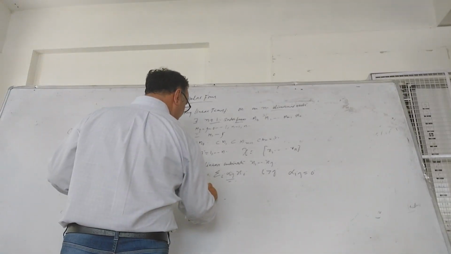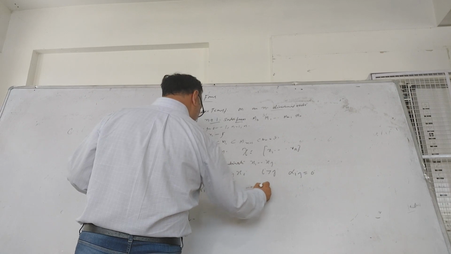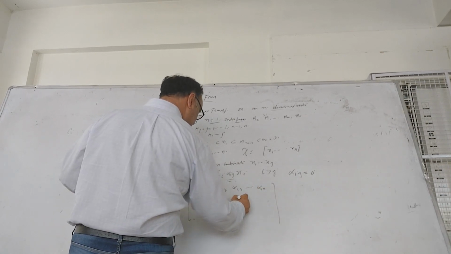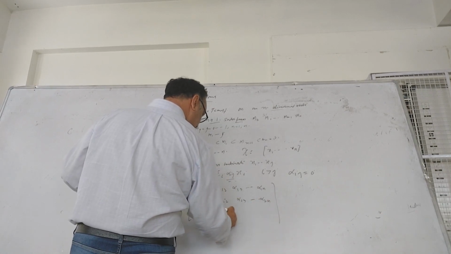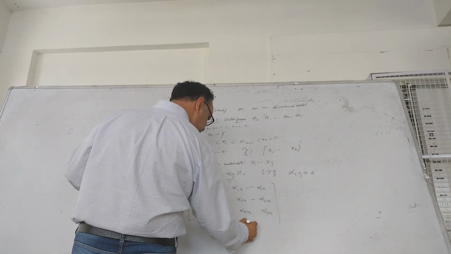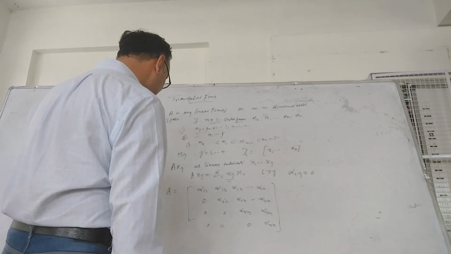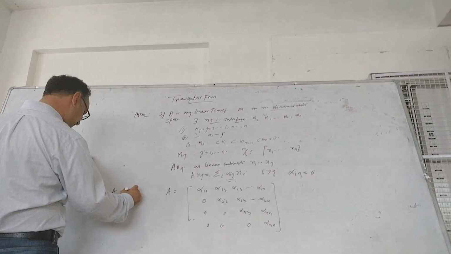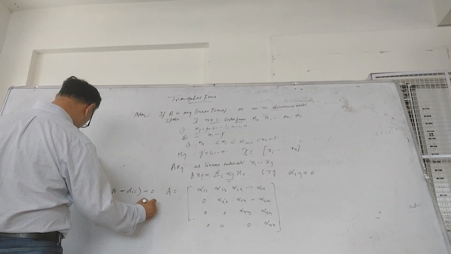So if we write alpha 11, alpha 12, alpha 13, and so on up to alpha 1n, then 0, alpha 22, alpha 23, up to alpha 2n, then 0, 0, alpha 33, alpha 3n, then 0, 0, 0, up to alpha nn. So the solution of this is basically A minus alpha ii is 0 for i equal to 1 to n.